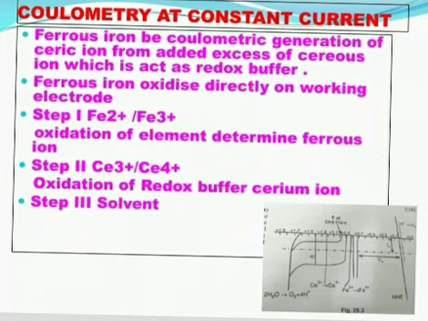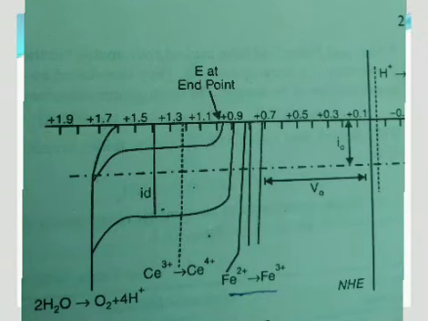In the first stage, at the anode, there is oxidation of Fe2+ to form Fe3+, and one electron is generated. In the first stage the current is constant.